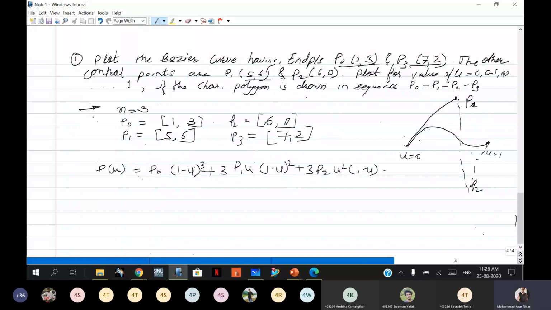So these parametric elements are used, and you have to find out the value of x and y.